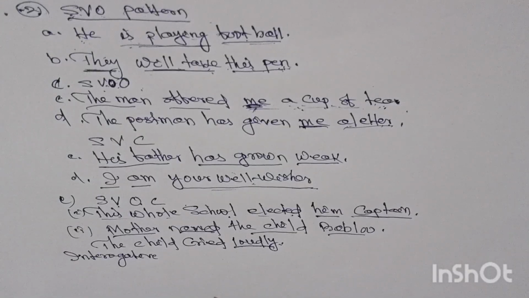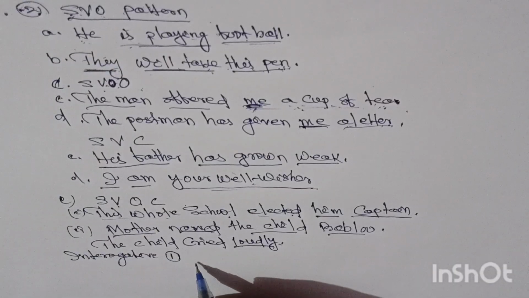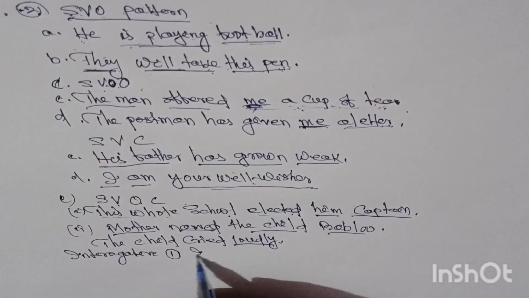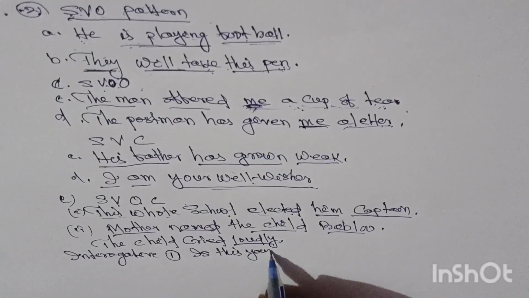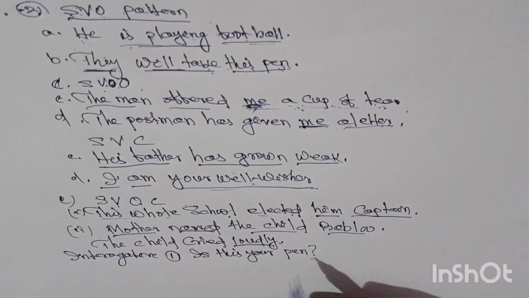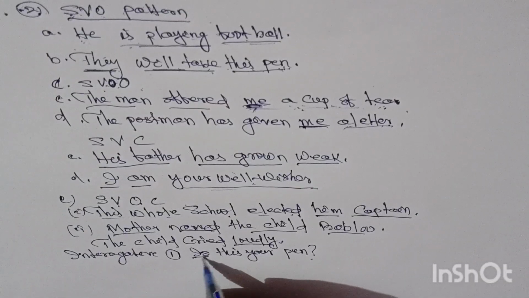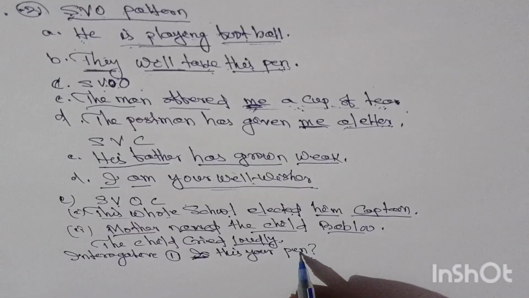For example: is this your pen? Here the sentence is interrogative as a helping verb is used at the first point of the sentence. That interrogative sentence is known as a yes or no question.